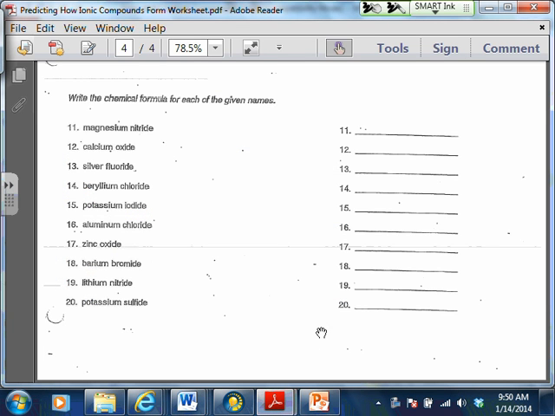Okay, so magnesium nitride has 2 elements in it. What are the 2 elements that compound has in it? Magnesium and nitrogen, right? So what I want to do now is figure out the formula for this thing. And you don't really need to worry about the valence electrons necessarily.